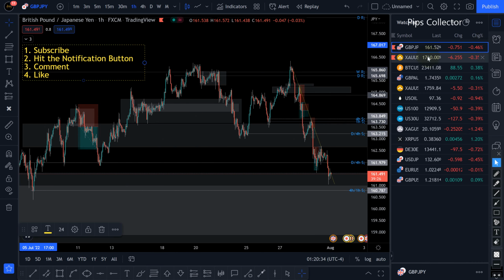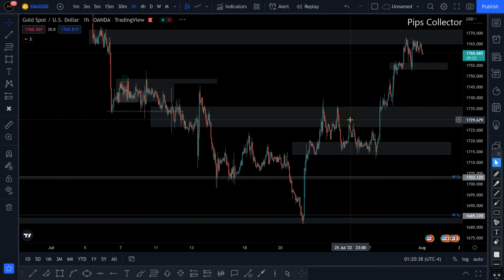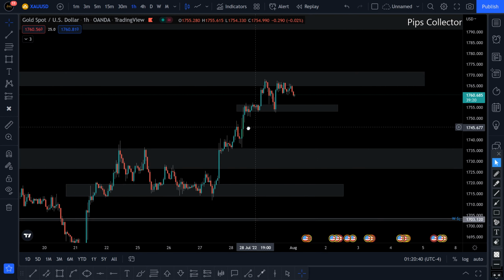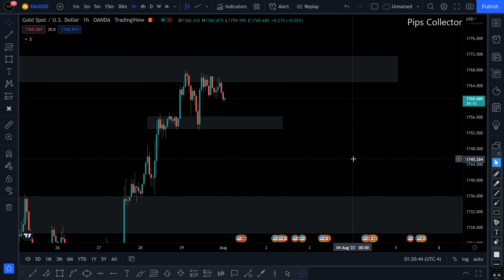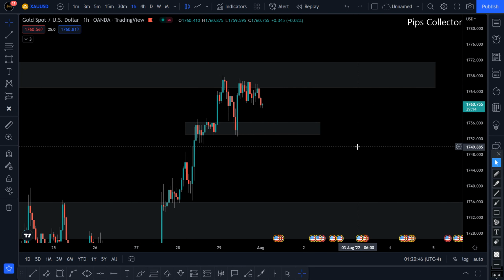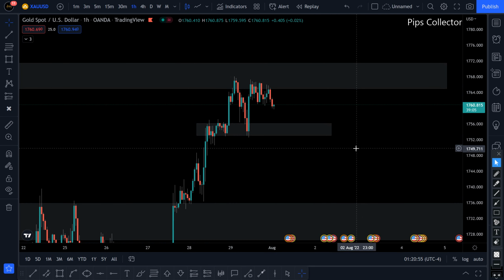The next thing on our plate is gold. Gold is a very interesting pair, or commodity. Let me not say pair, because gold is just crazy in the sense that some say it's a currency pair, others say it's a commodity. Everyone is right, because gold is used to pay for things, that makes it a currency, and it's a commodity because it's just a commodity.